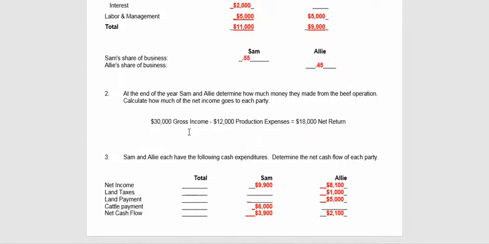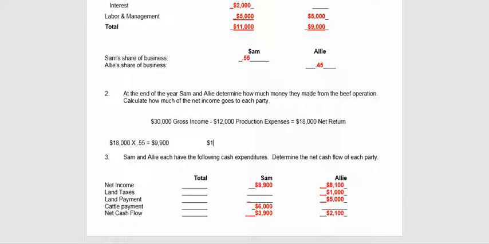So at the end of the year, Sam and Allie determined how much money they made from the beef operation. It looks like they had a gross income of $30,000 minus annual production expenses or operating expenses of $12,000 gives a net return between the two of them. So what we do then is take $18,000 times 55% for Sam, that equals 9,900.